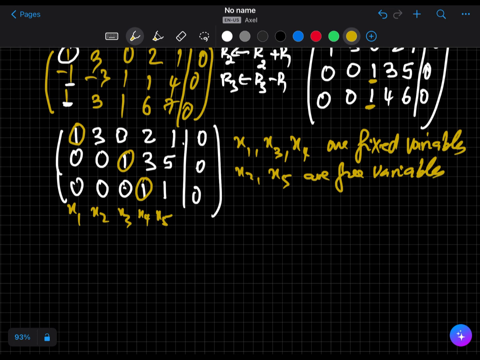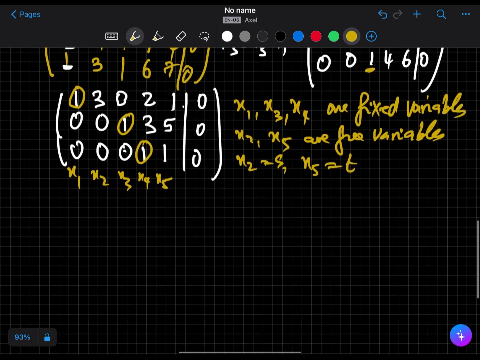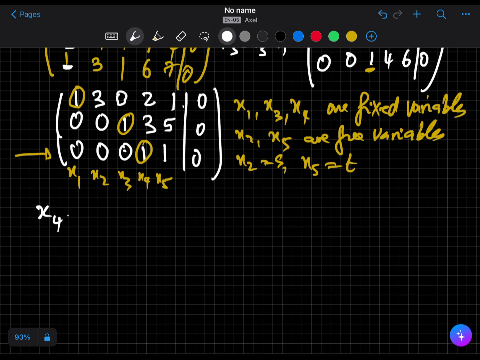So I will have x2 equals s, and x5 equals t. From the last row, I have that x4 equals minus x5, which equals minus t.